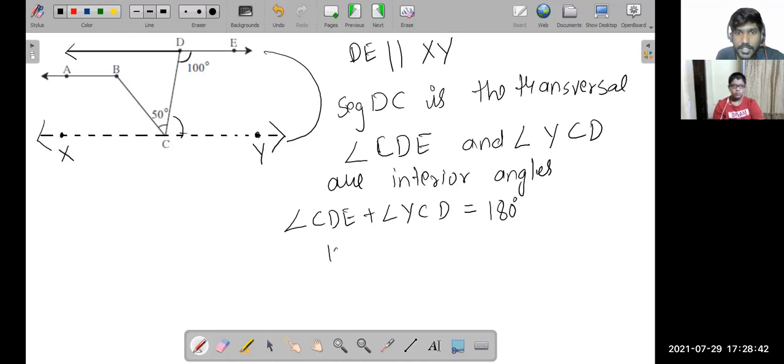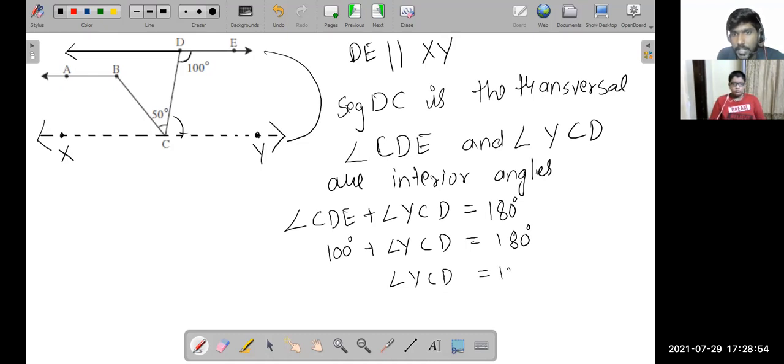So CDE is 100 degrees. YCD we do not know, keep it as it is. And this is 180 degrees. Take 100 to the other side. So YCD will be 180 minus 100, that is 80 degrees.